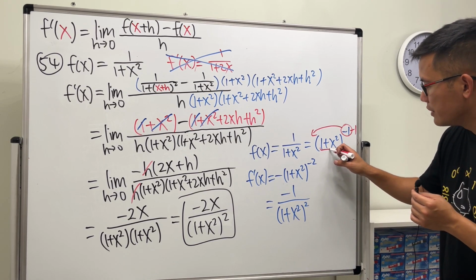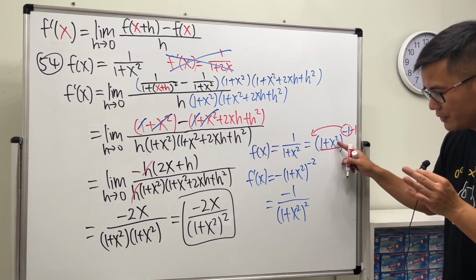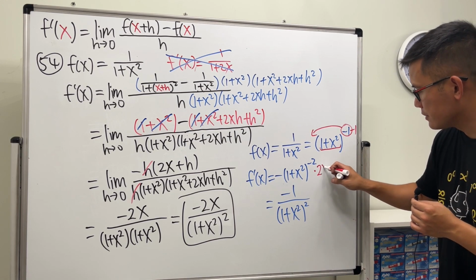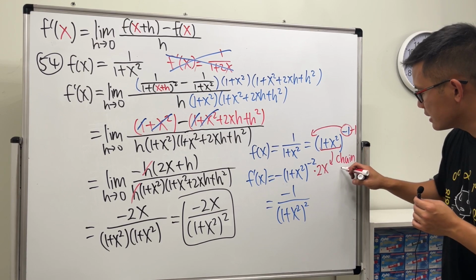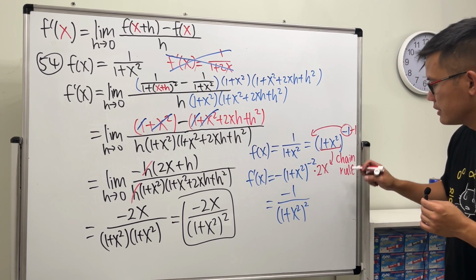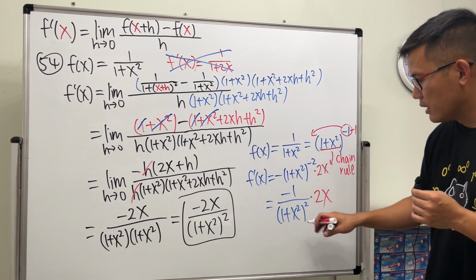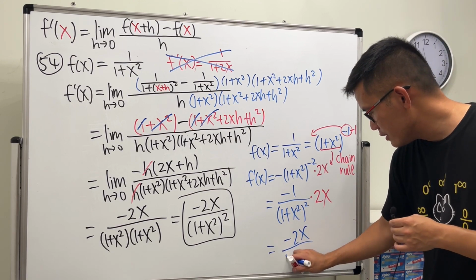The derivative of 1 is 0, but the derivative of x squared is 2x. So we have to multiply this by 2x. This is the so-called chain rule part, which is needed. So if we multiply by 2x, altogether we have the answer that we had earlier.